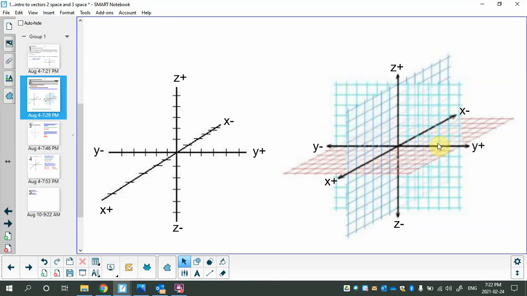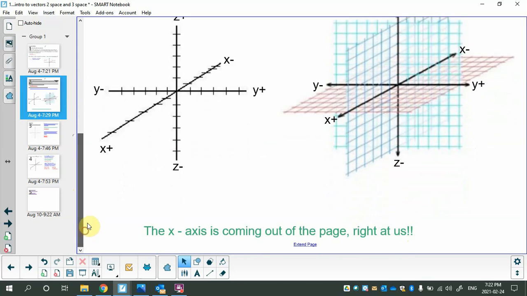And the z-axis is where the y-axis used to be. There's another purple grid. And it is positive up, negative z is down. So these grids just help you picture the three-dimensionality of this. And a little note, so you have it: the x-axis is coming out of the page right at us. So it's poking you in the eye.